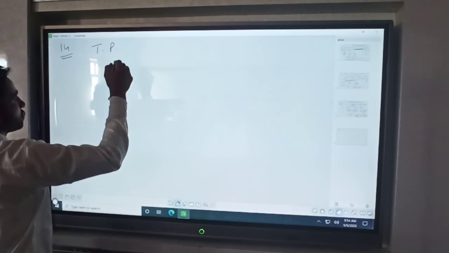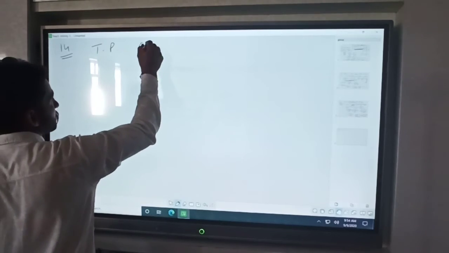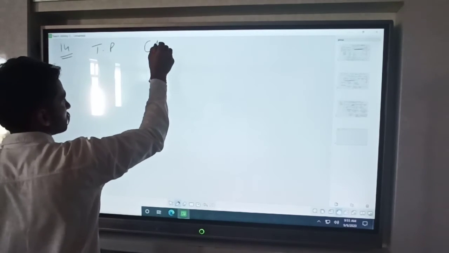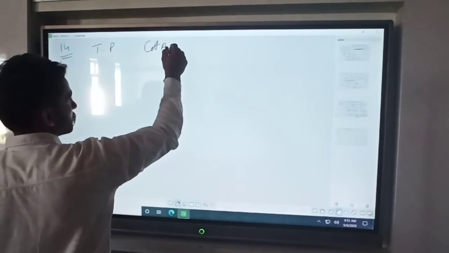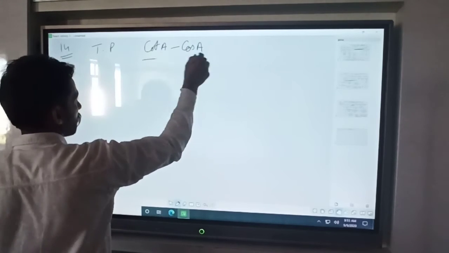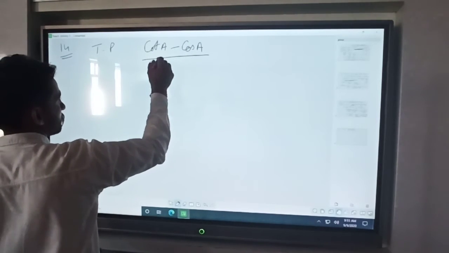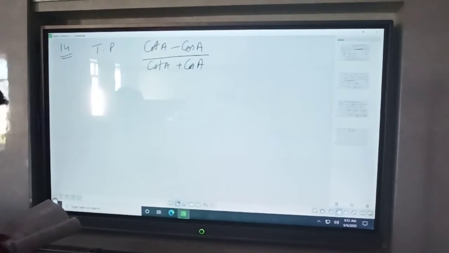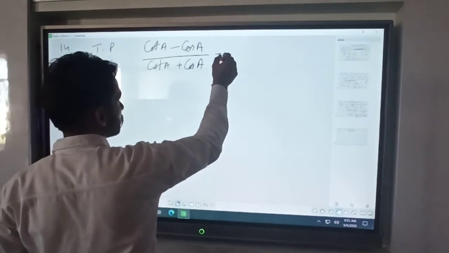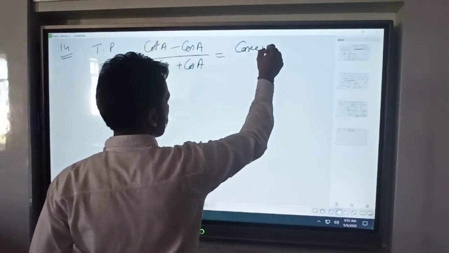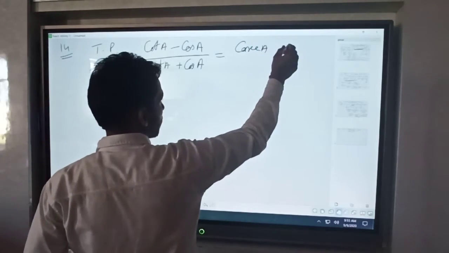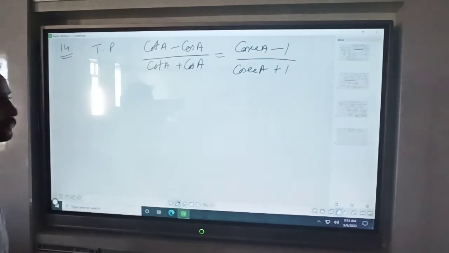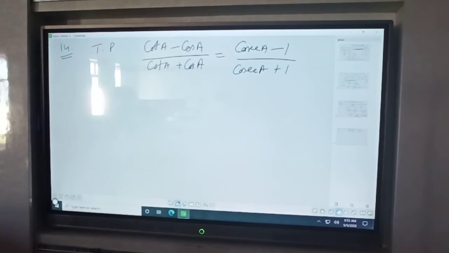To prove that cot A minus cos A over cot A plus cos A is equal to cosecant A minus 1 over cosecant A plus 1. Okay, we have proved that.